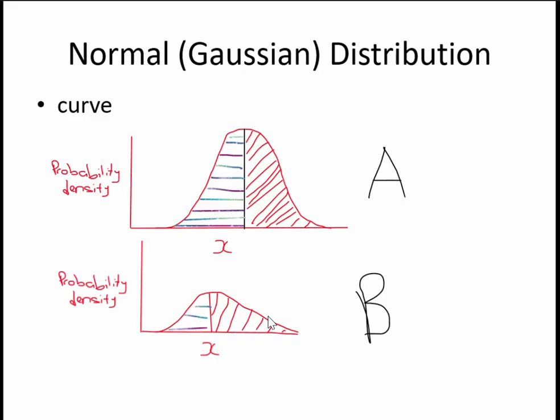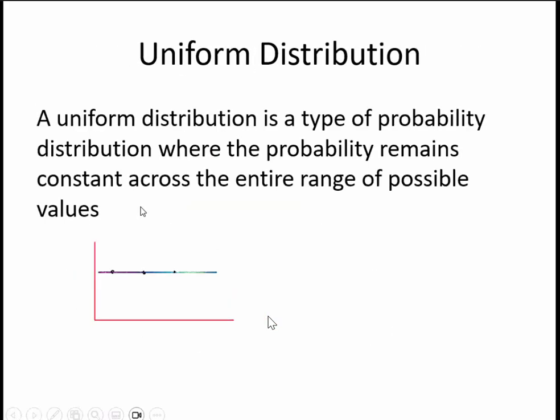Then B is skewed to the left, right? It is skewed to the right when you are looking. Okay, that's perfect. Those are very good observations, and yes, you're very correct, both of you.